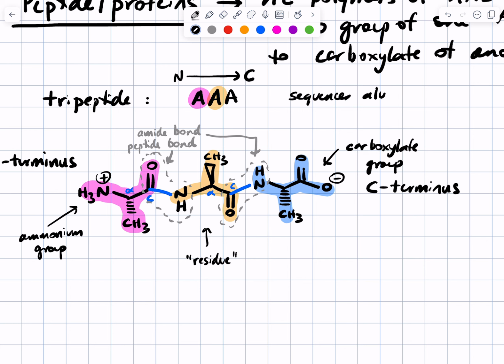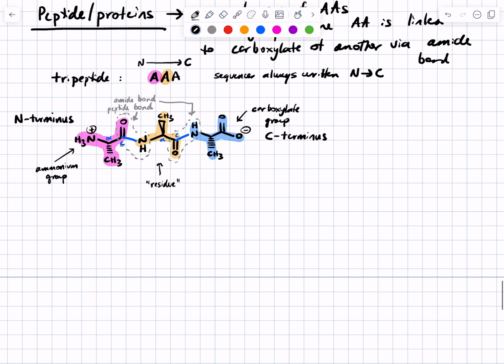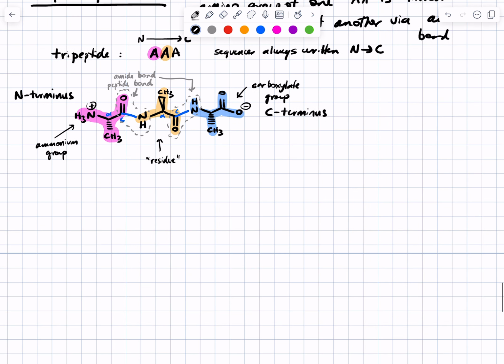Sequences are always written N to C. Now with this alanine tripeptide, there's no possible confusion because they're all alanine. But what I want to show you real briefly is that the peptide AEY is different from the peptide YEA.